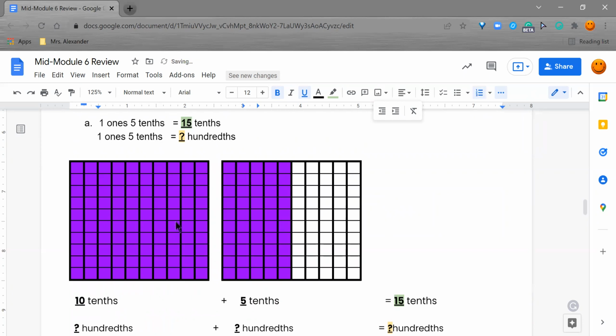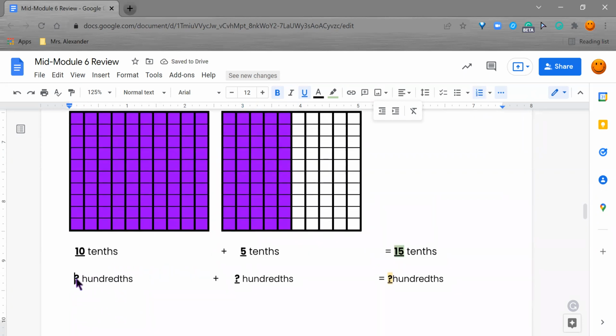And now we've got to figure out hundredths. So right here, I know I have 100 hundredths. And then I have to count these. Knowing that this is a stick and there's 10 hundredths there to make a tenth, I'm going to count by tens. 10, 20, 30, 40, 50.